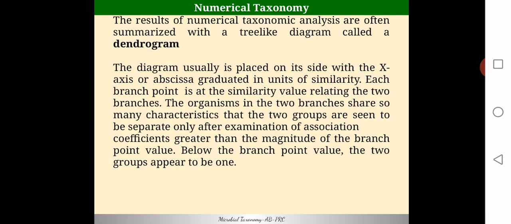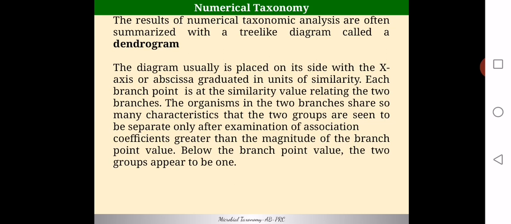And after the similarity matrix, this data is further summarized in a tree-like diagram, which is constructed in numerical taxonomy and is called a dendrogram. In the dendrogram, usually there will be an axis graduated in units of similarity. That means on one axis the similarity is provided, and on the other axis the organisms are given.